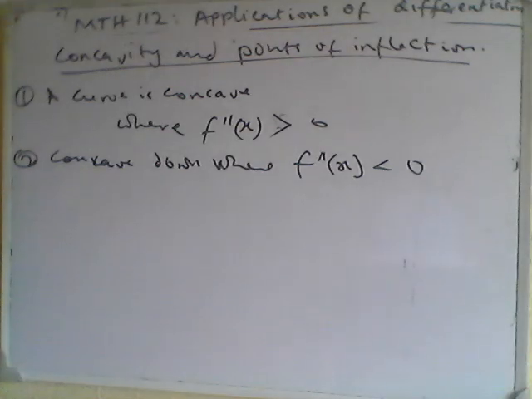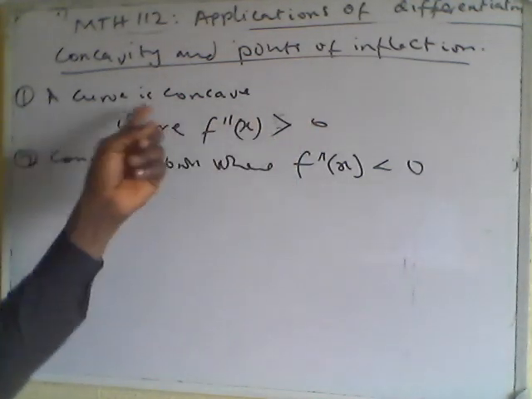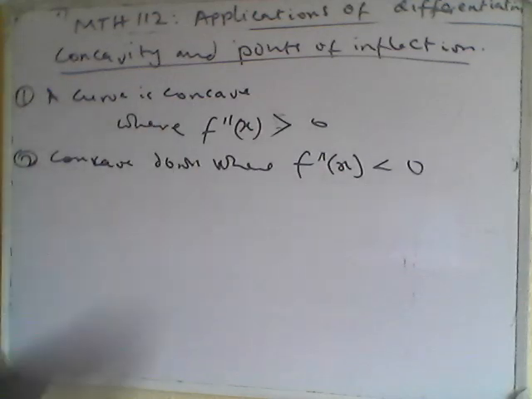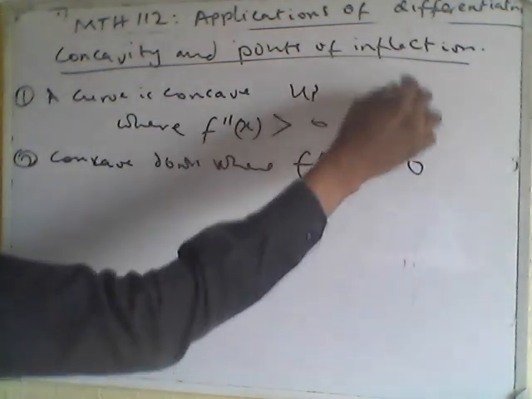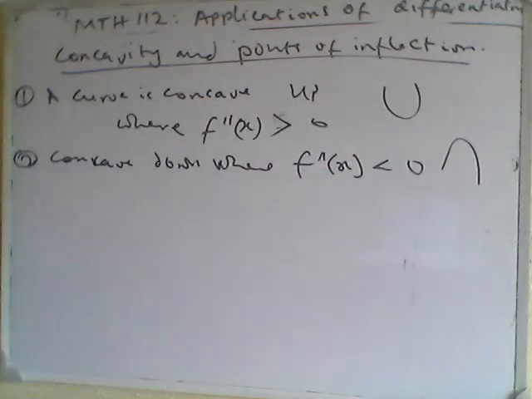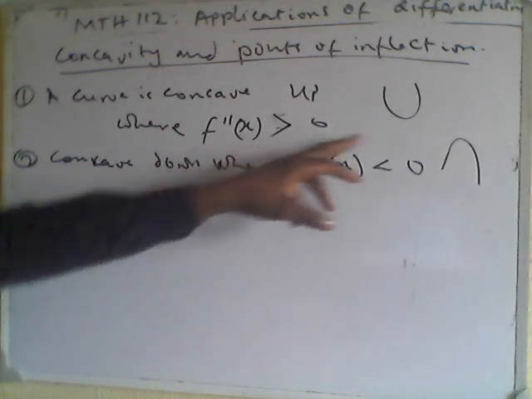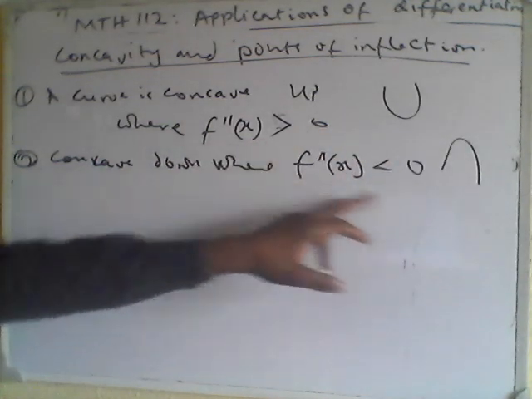So we should have a way of knowing this. If it is greater than 0, you understand, it is concave up, that is like this and like this. These are the two. So this is the condition, and this is also the condition.